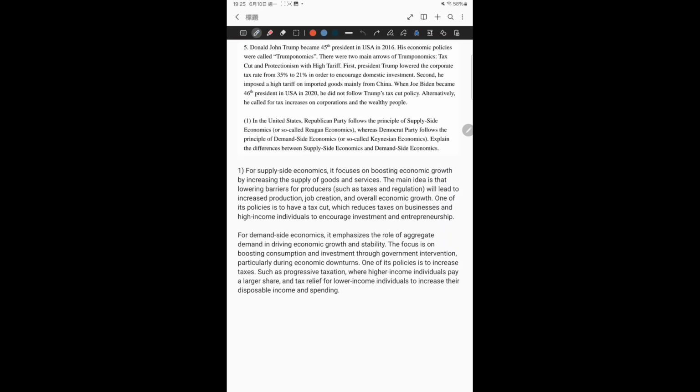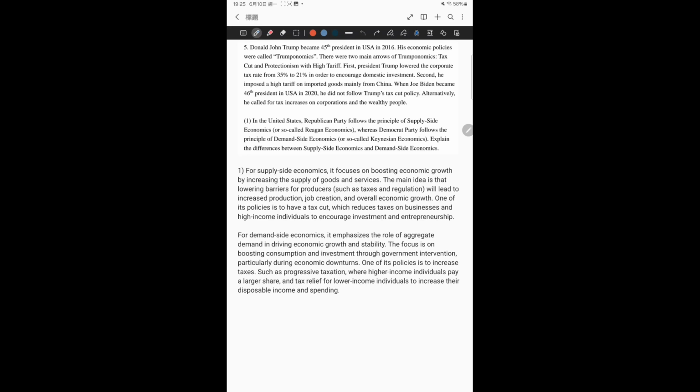For supply-side economics, it focuses on boosting economic growth by increasing the supply of goods and services. The main idea is that lowering barriers for producers, such as taxes and regulations, will lead to increased production, job creation, and overall economic growth.